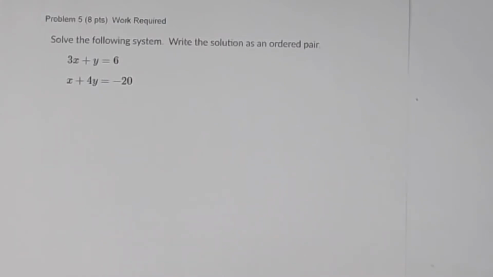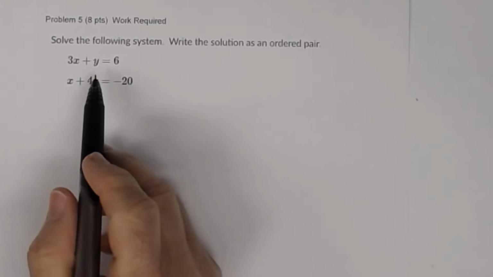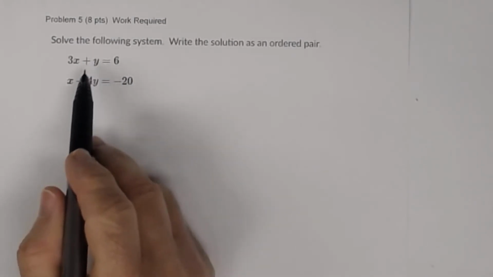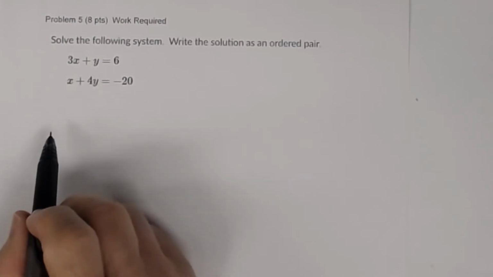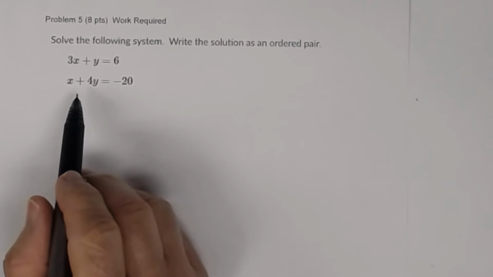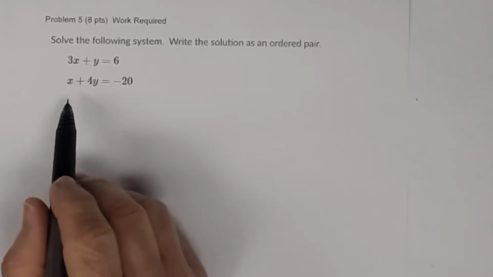But I want you to realize that using substitution is probably easier here, because notice that in the first equation, the coefficient of y is 1, and in the second equation, the coefficient of x is 1. So substitution is easier to deal with than elimination in this case.